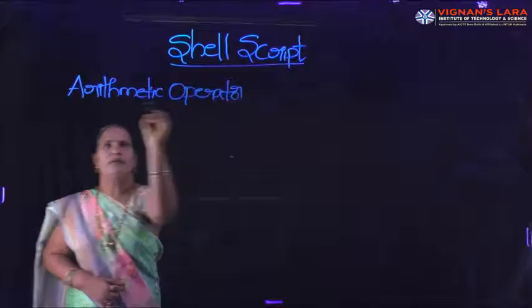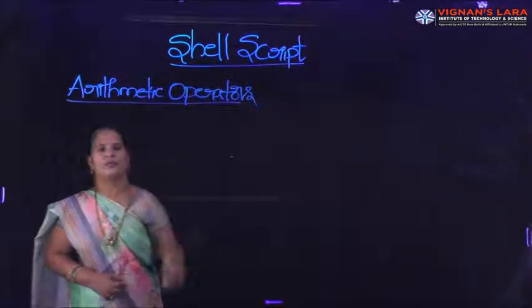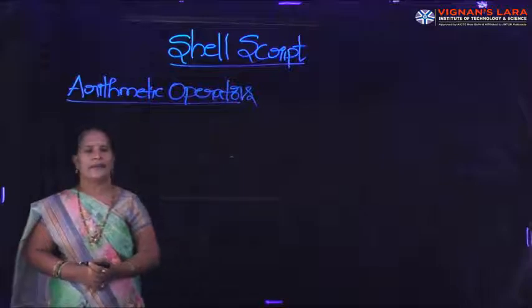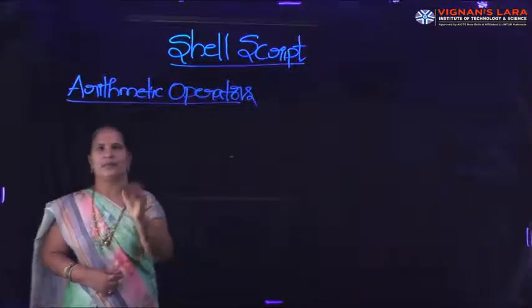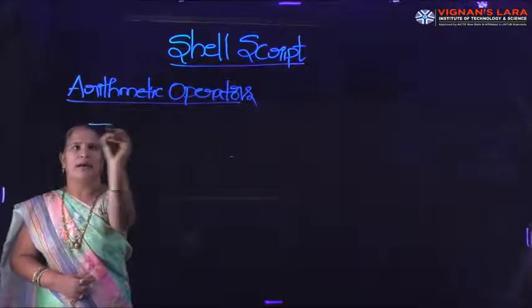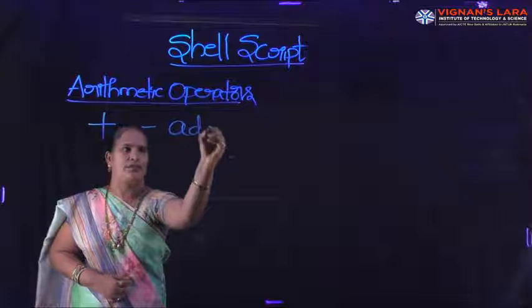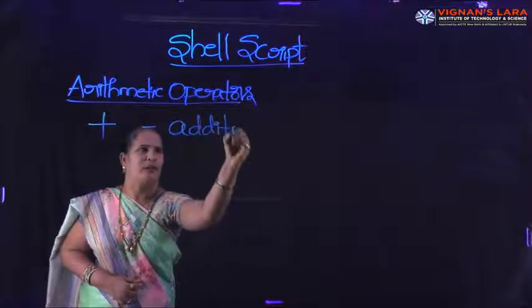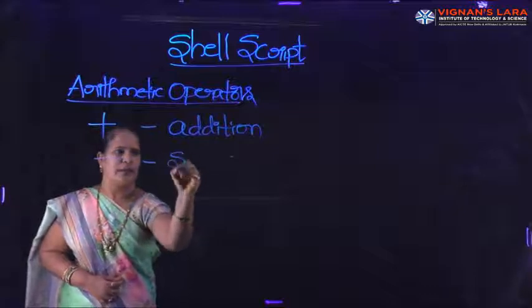First one is arithmetic operators. The operators which are used to perform arithmetic calculations are known as arithmetic operators. The following are the arithmetic operators. Plus is used to perform addition. Minus is used to perform subtraction.